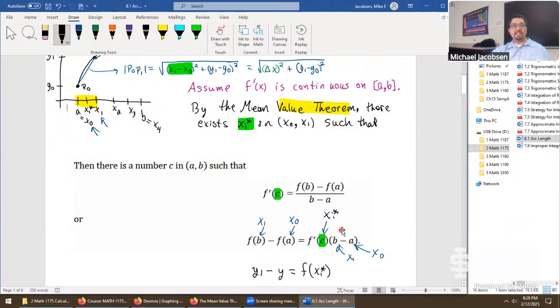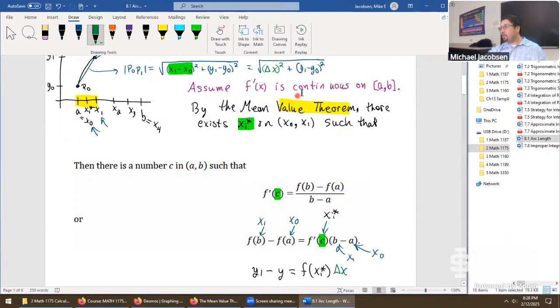Well, what's b minus a? In our problem, b is x1, a is x naught, and so this distance is just delta x again.